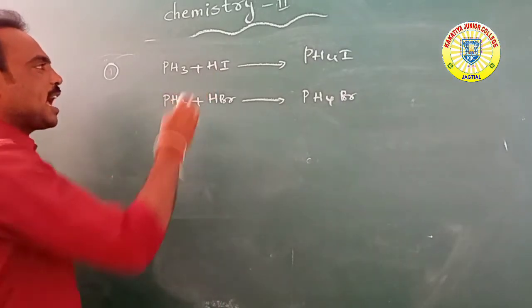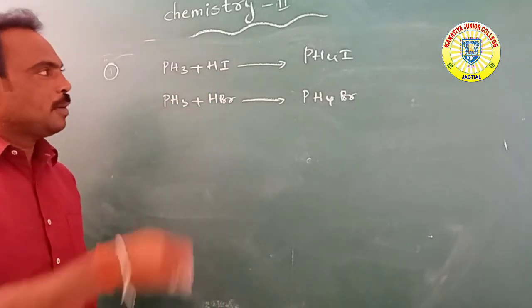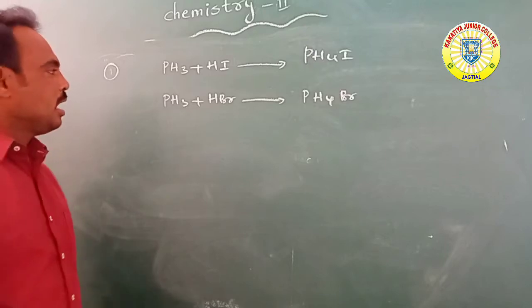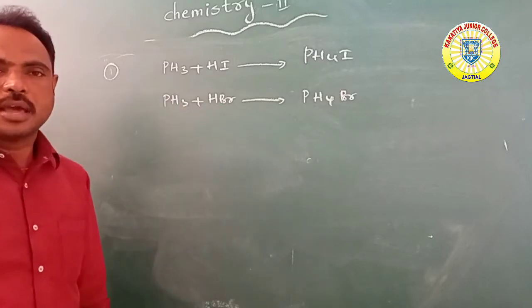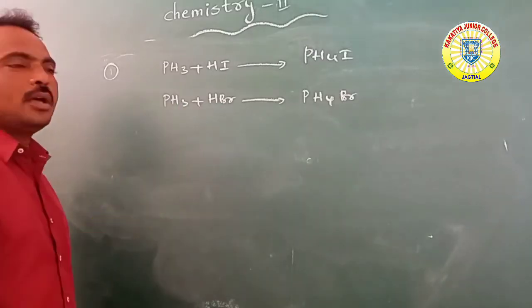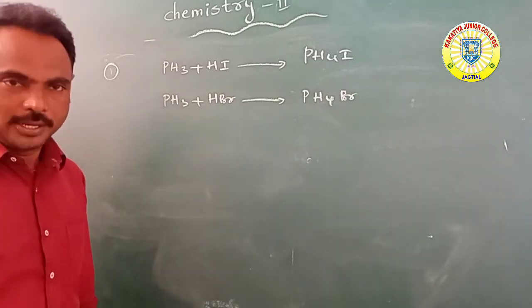So when phosphine reacts with hydrogen iodide it forms phosphonium iodide, and when it reacts with hydrogen bromide it forms phosphonium bromide.